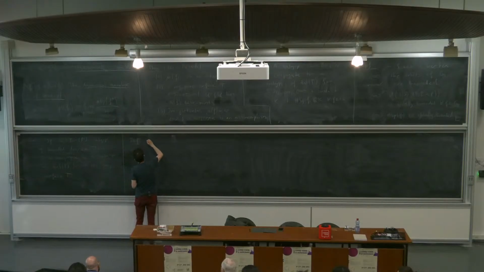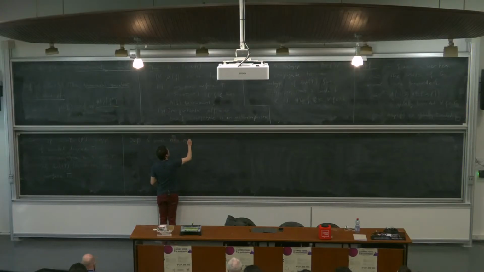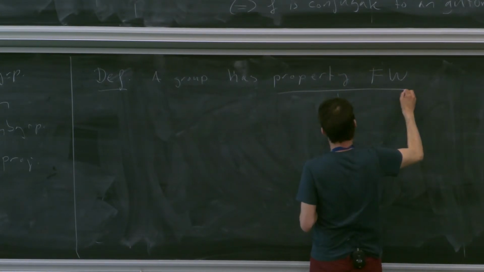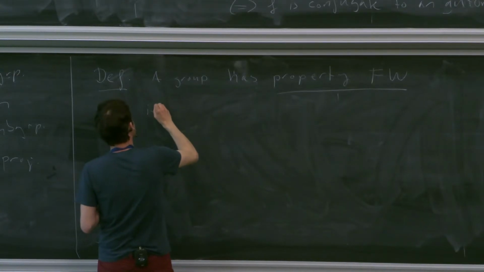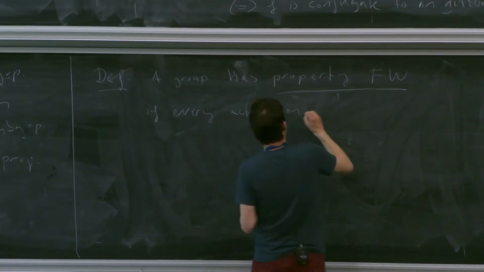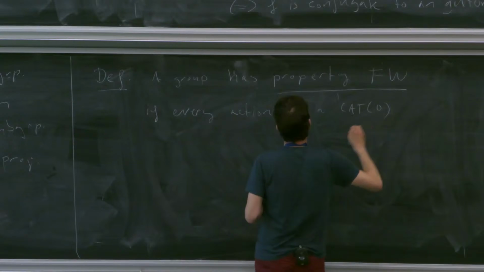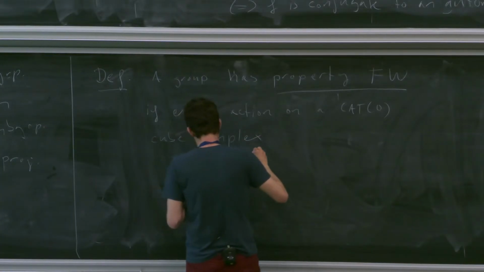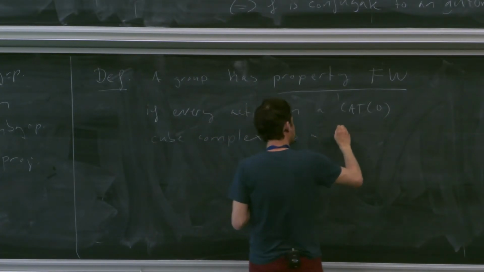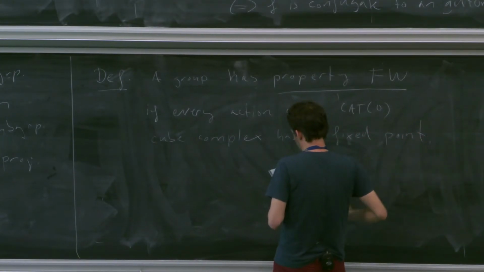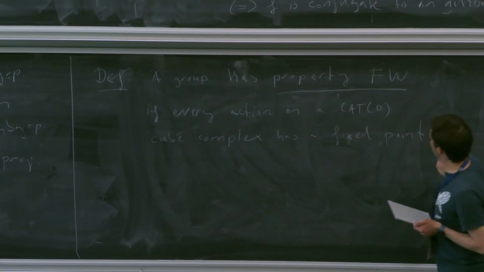We say that a group has property FW if every action on a CAT(0) cube complex has a fixed point. Okay, that seems quite a strong property.